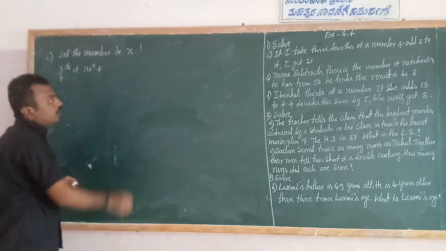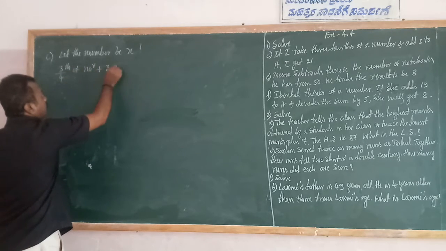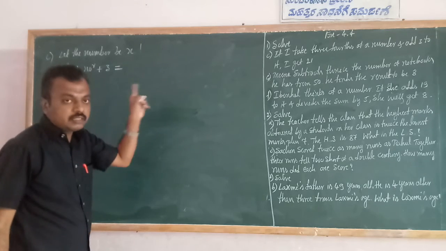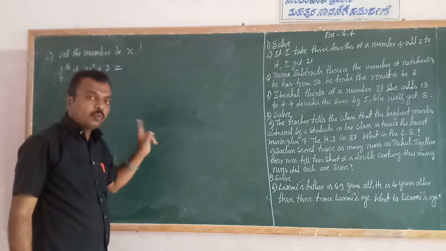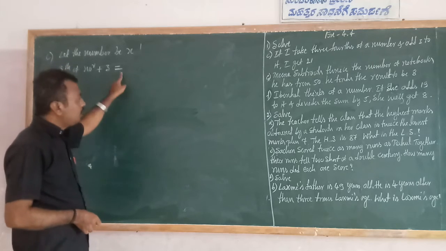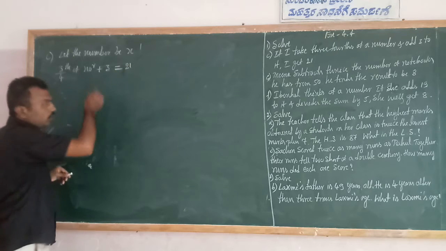How much should we add? 3. We should add 3 to it. Get means is equal to. So get means what? Is equal to. Get, is, was, will. Words like this indicate is equal to. So how much can we get? 21. So now we have to solve this equation.